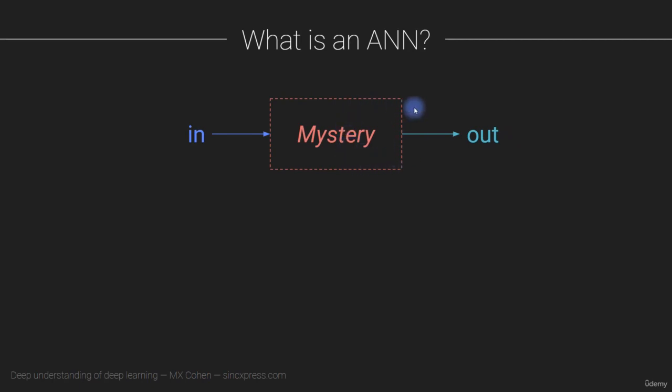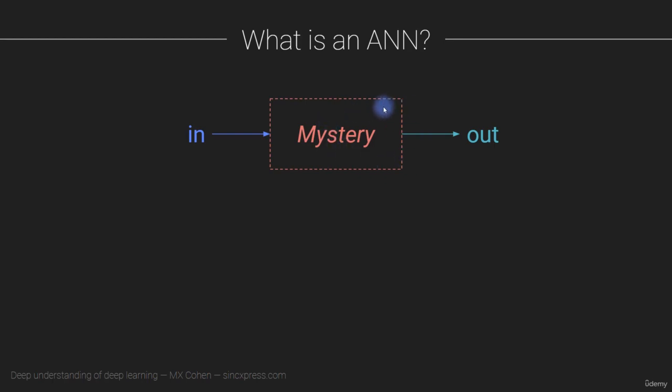Well, there's some mystery in here. To be clear, I'm going to teach you everything that happens inside this box. It's a few equations, not really that complicated, but there still is a bit of a mystery about how exactly this works. Anyway, let me give you a few examples to make this input-output transformation a bit more concrete.